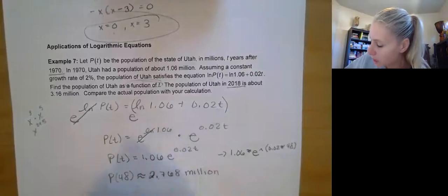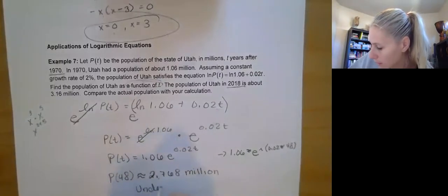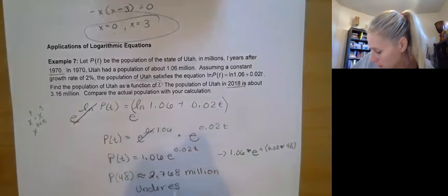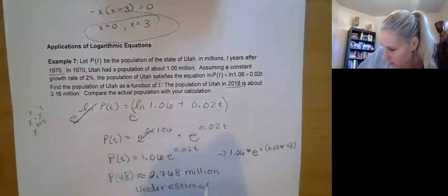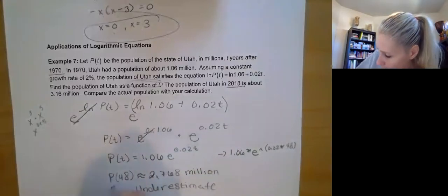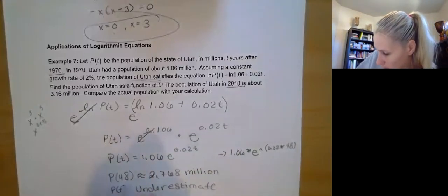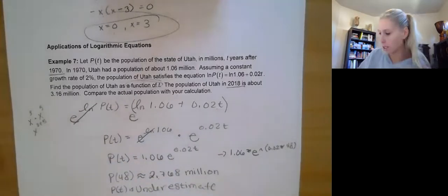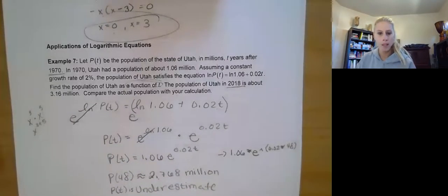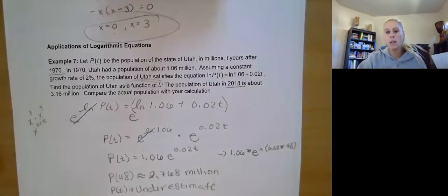It's an underestimate. So when it compares, you would say it's an underestimate. In other words, P of T, the model, is an underestimate. Awesome, you guys. That's done with 4.4, and I'll be recording the next one really soon.